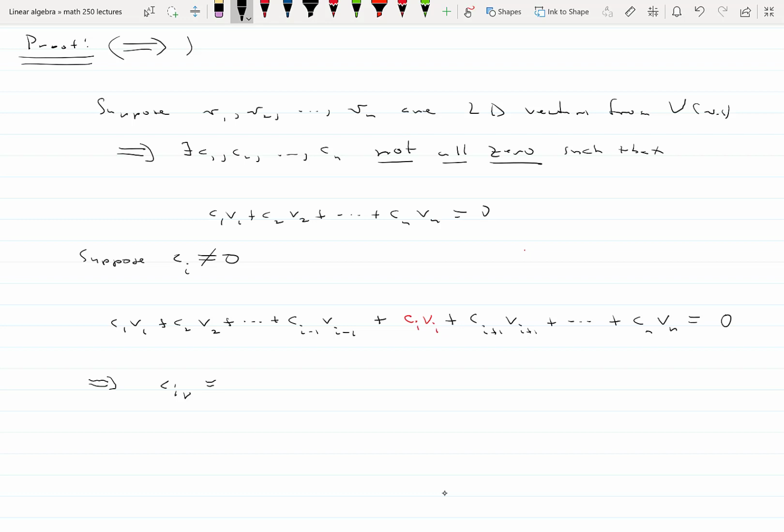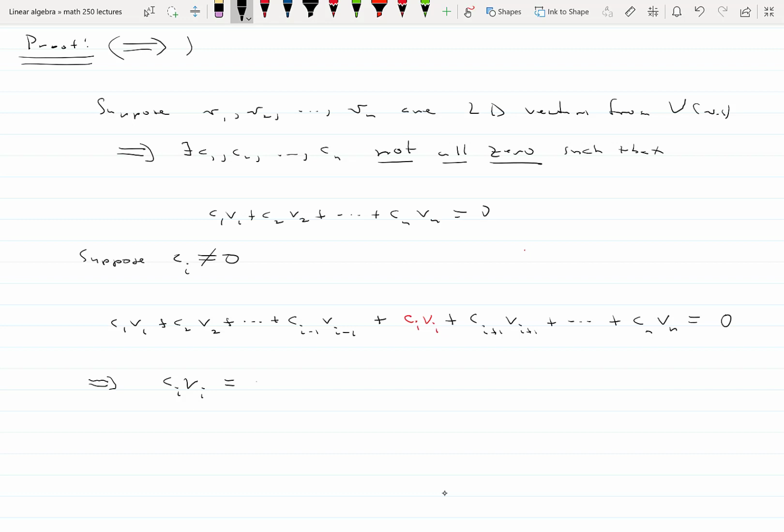So that says that ci vi must be the opposite of the rest of the vectors. If the sum of two vectors is 0, then one is the opposite of the other. That's one of the properties.